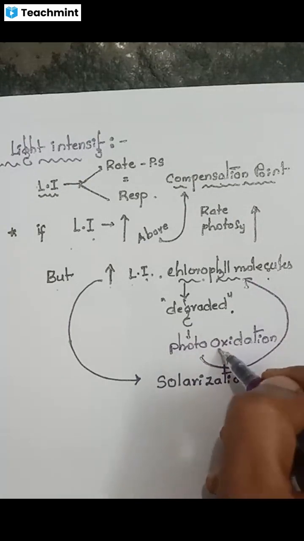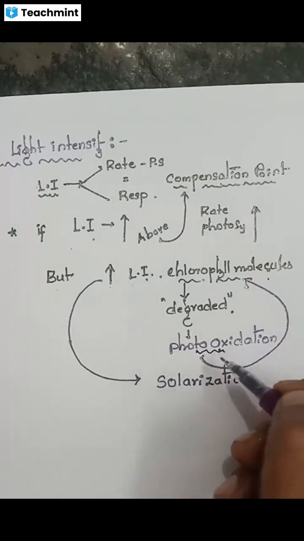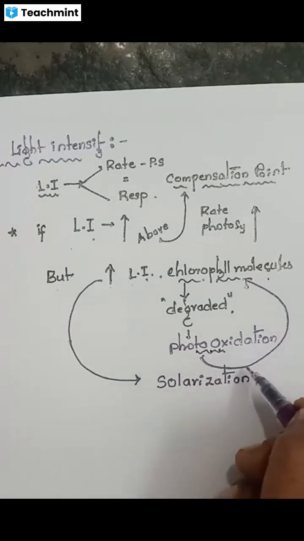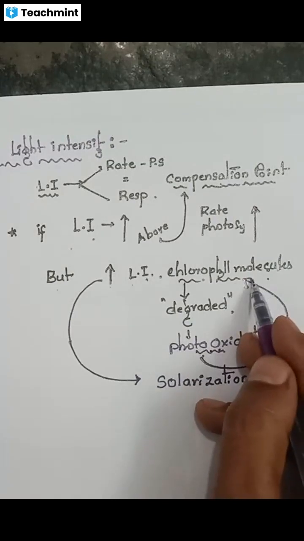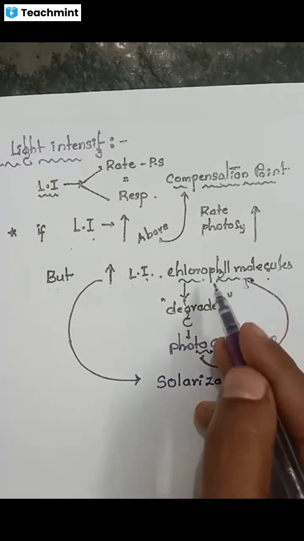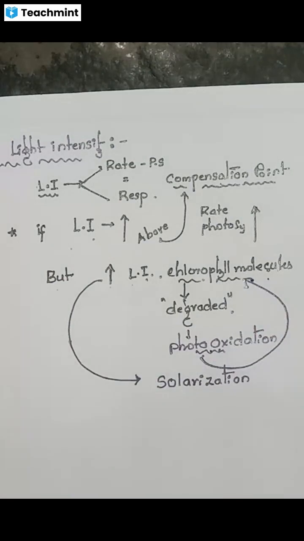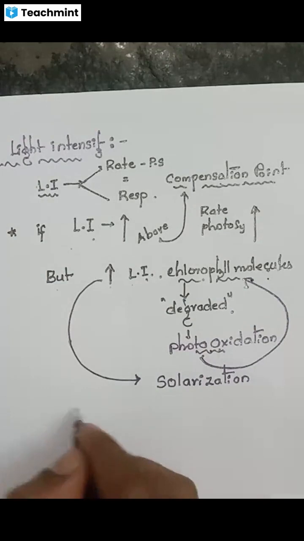This process is known as photooxidation. The photooxidation of chlorophyll molecules under very high light intensity is called solarization.